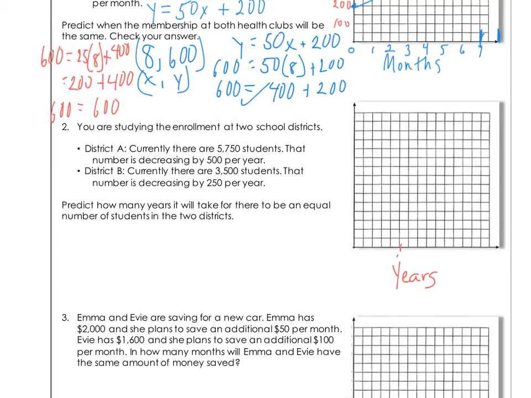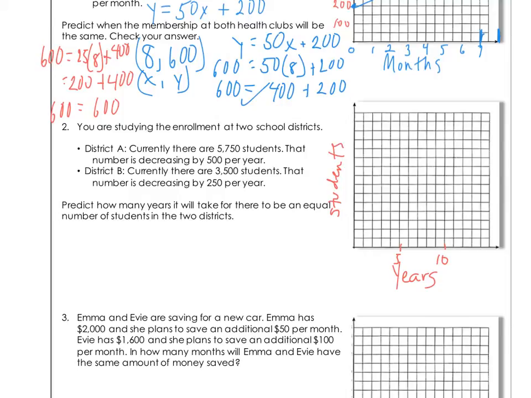And why don't we say that right there would be 5 years, and then 1, 2, 3, 4, right here would be 10. All right, and that should be good. On our y-axis, this is going to be number of students.